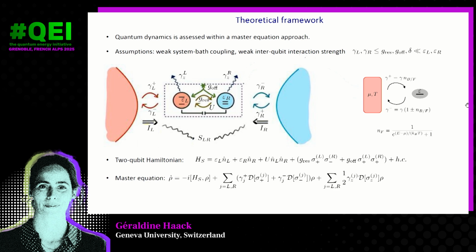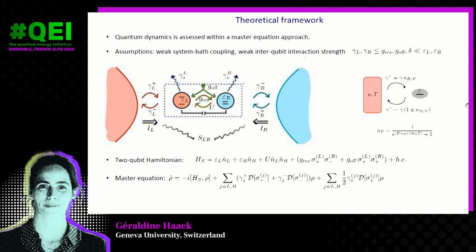And then you can write these master equations. What I just need to explain to you is that this is an evolution equation for your density operator. And it accounts for some unitary evolution, as if the quantum system were closed, and some dissipative part. And this term here describes dissipation with the bus, and you recognize the rates gamma plus, gamma minus that I just explained.